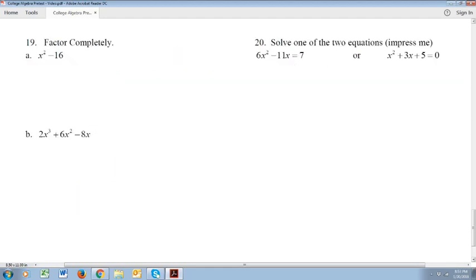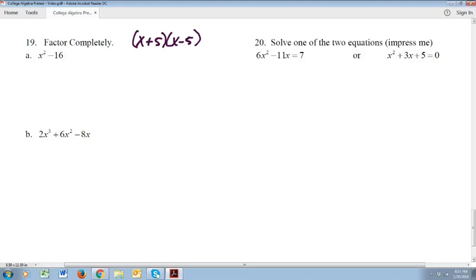All right, let's go to the last 2 problems here, although 19 has 2 problems in it. On number 19, you need to remember something. Let's say you had x plus 5 times x minus 5. In a case like this where we have the same numbers, x and 5, in both binomials, the only thing different is one has a plus and one has a minus.